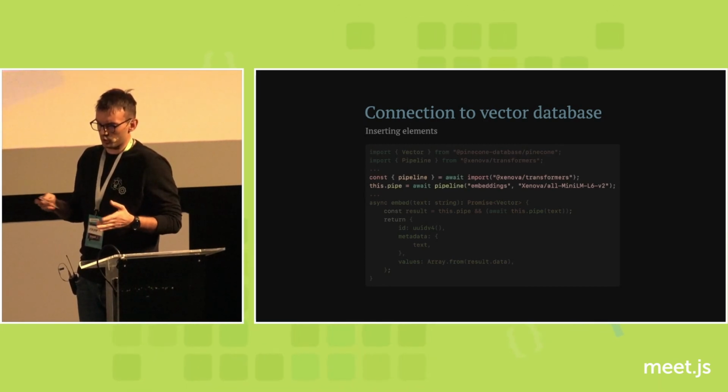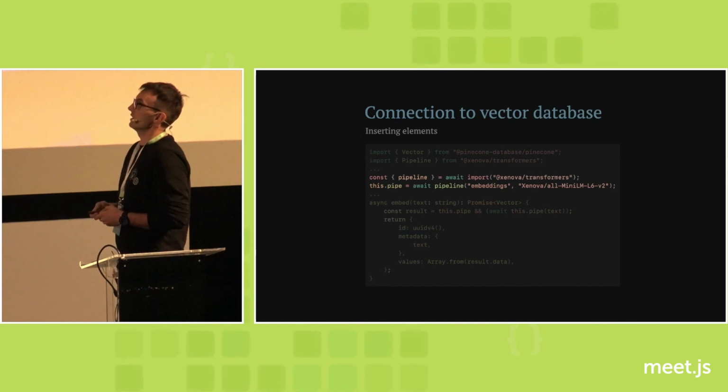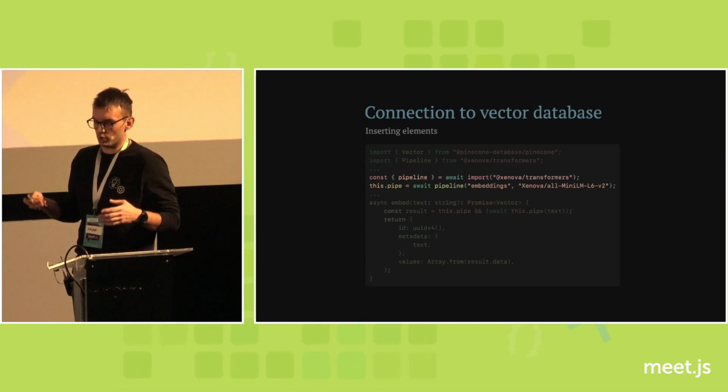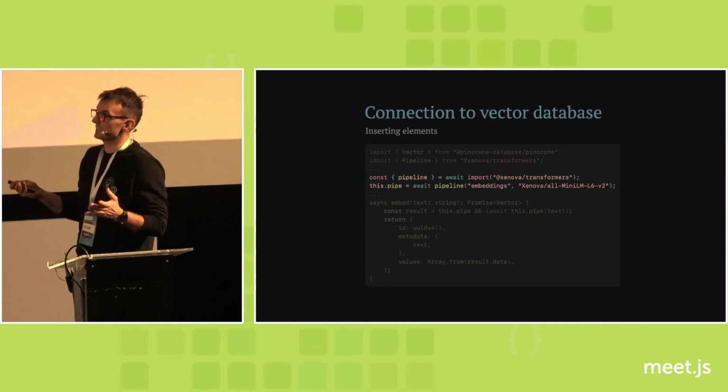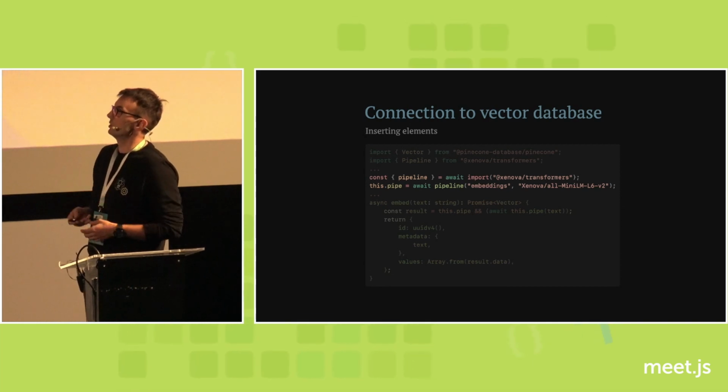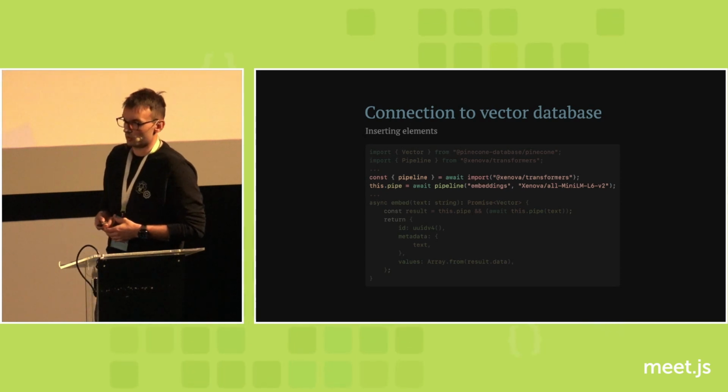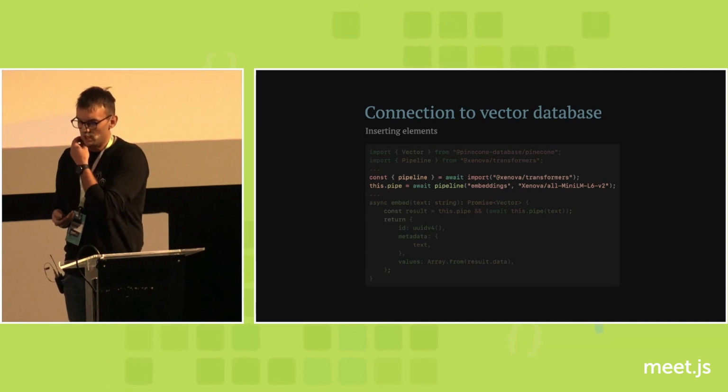So what it's doing is we create a pipeline which will transform this query, this text that we want to save, into this vector that is understandable by the vector database.